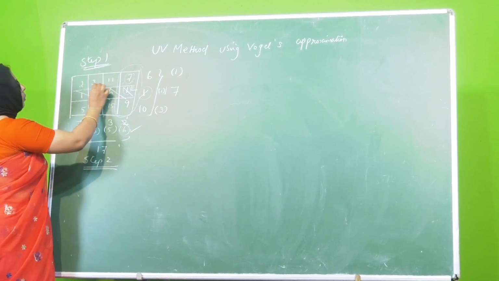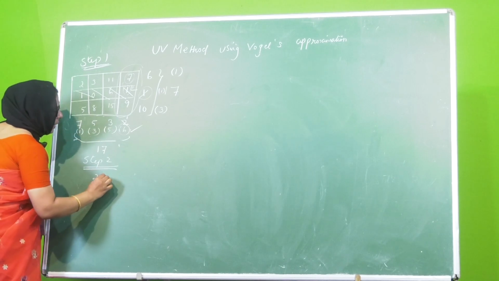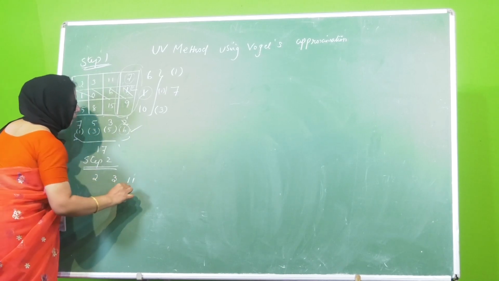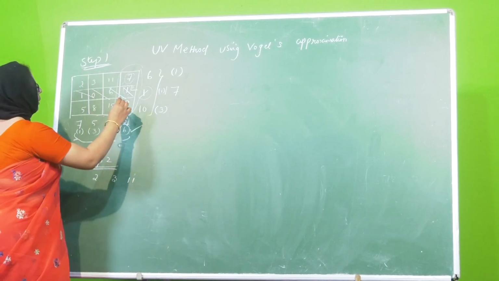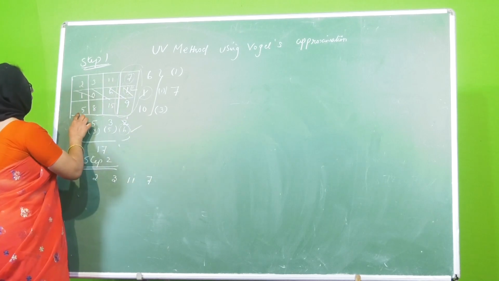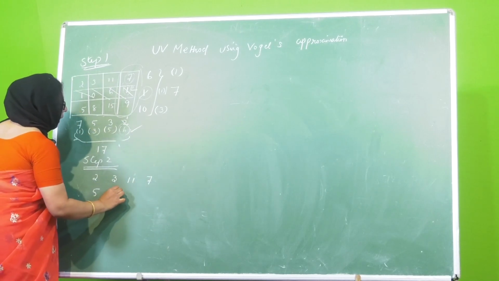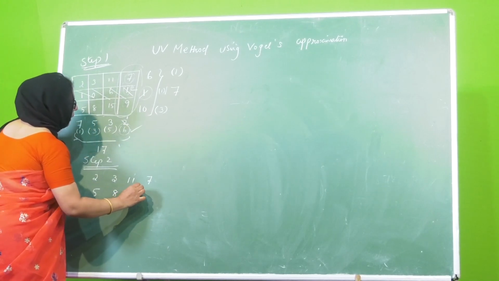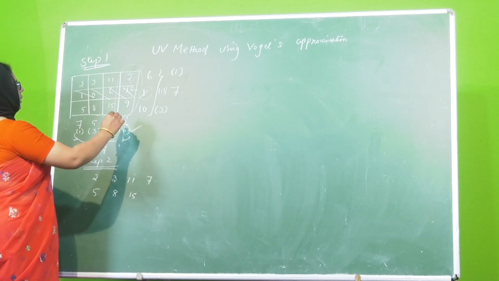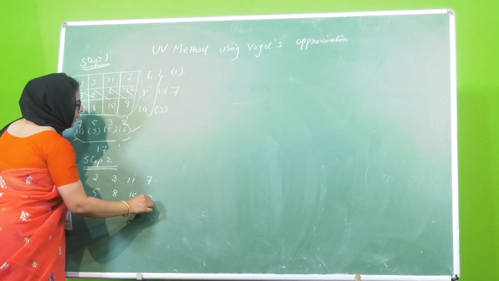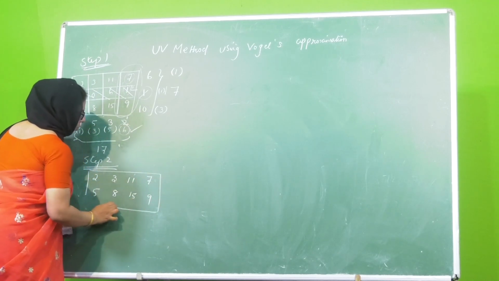In step 2, what are the remaining elements? 2, 3, 11, 7 and 5, 8, 15, 5, 8, 9.